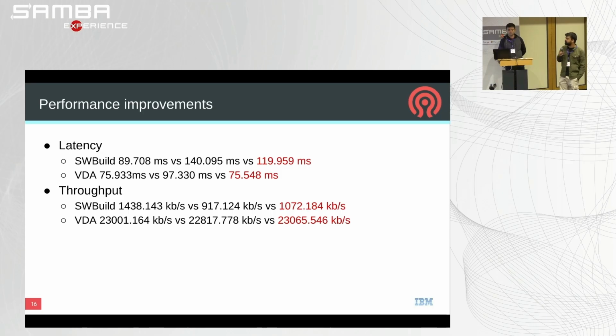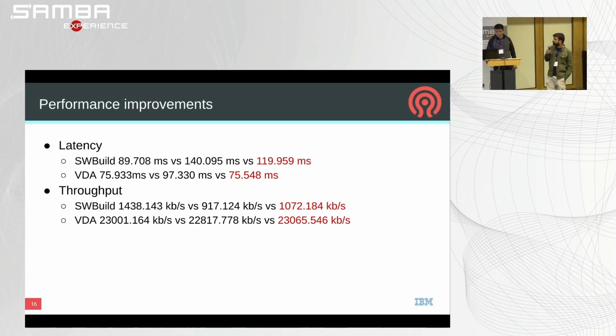And the last which you see is proxy enabled plus the case sensitivity and the async IO. So we have some reduced latency, not much, but with the VDA, we almost see similar to what we see without the proxy. So that's a bit of improvement there.